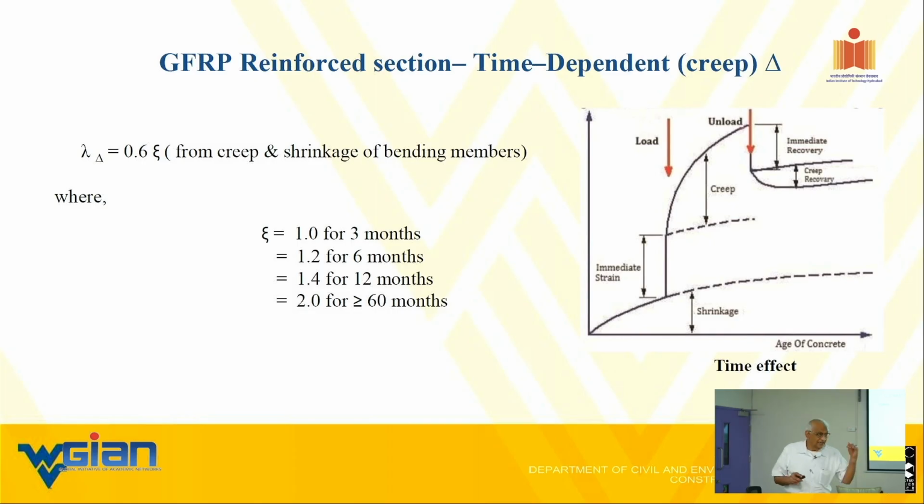So the higher the dead load, the higher the rate of creep, of course the higher the magnitude, we know that, but it also increases at a faster rate. So there are two parameters there. One is the magnitude of the sustained load, and this is also a function of the time factor.